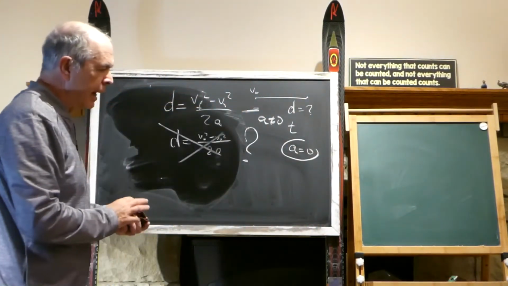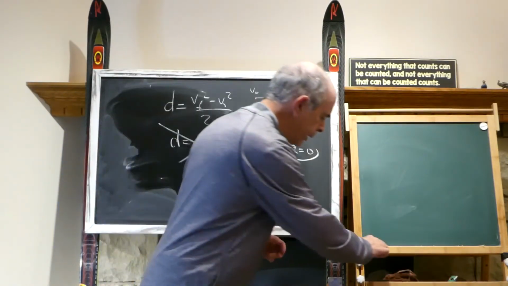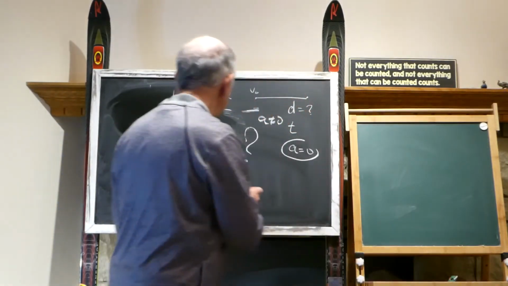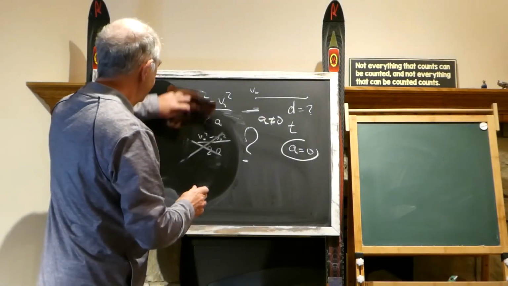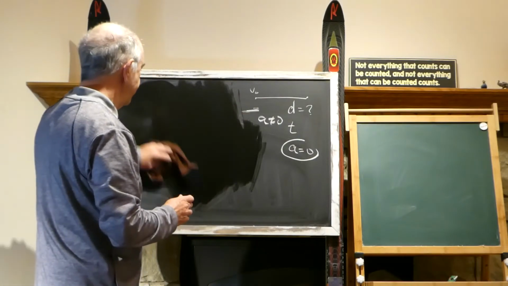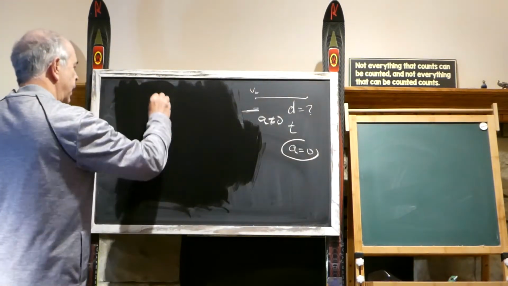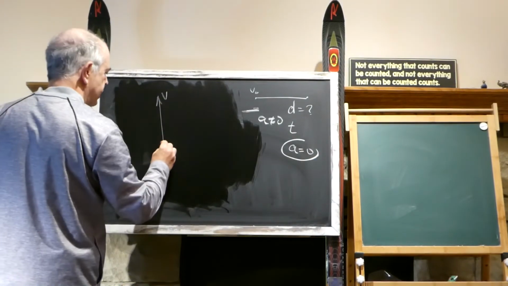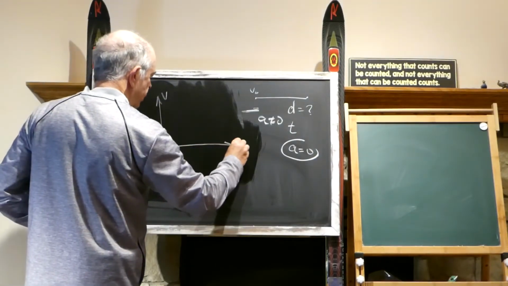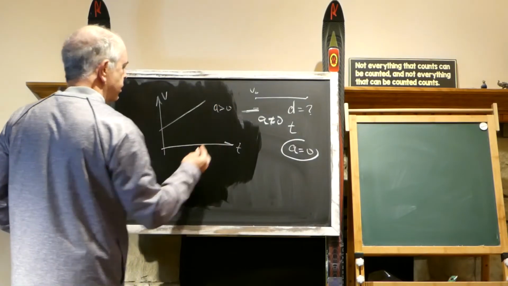But other than that, I wanted to emphasize that constant speed is a particular very narrow case of constant acceleration too. And I can show it on the graph too. So the graph for this means acceleration is greater than 0.